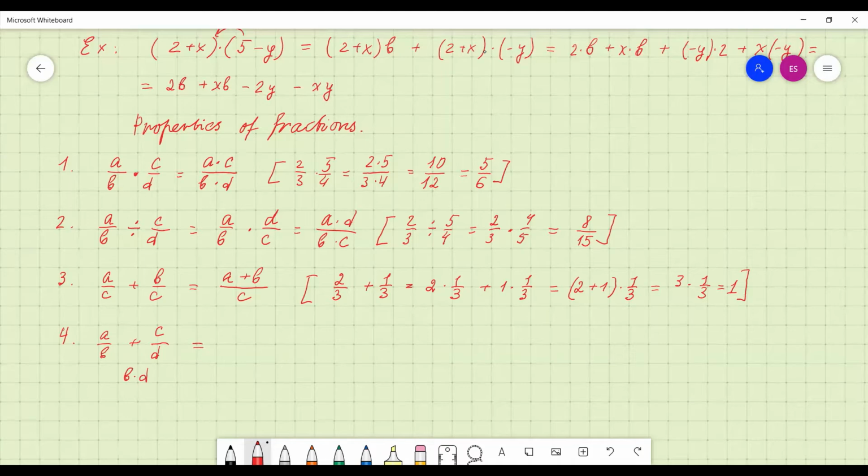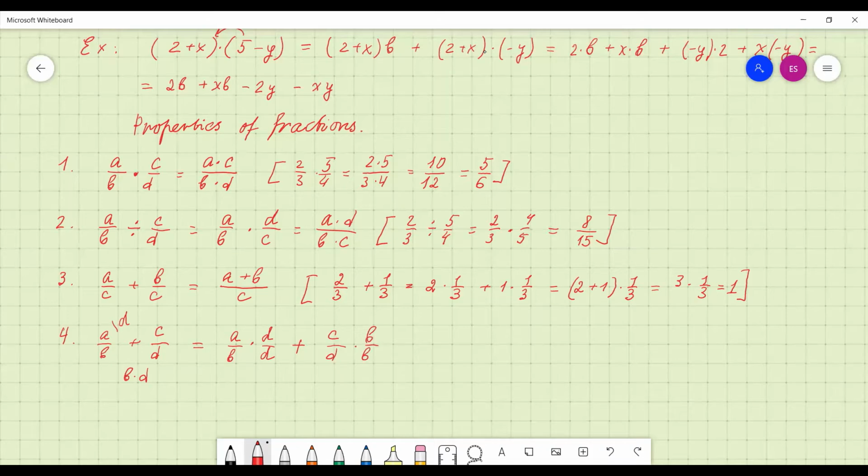D is missing, right? What we can always do with a fraction is multiply it by 1, which can be like ratio of any two numbers. For example, 3 over 3 is 1. So what I'm going to do, I'm going to write down that a over b, and here is missing d, right? D is missing. So I'm going to multiply it by d over d plus c over d, and here is b missing. So I'm going to multiply it by b over b.